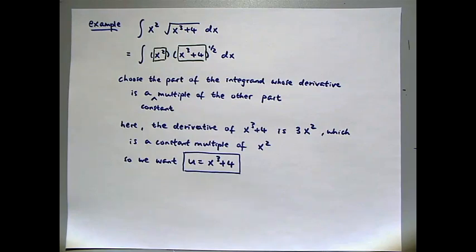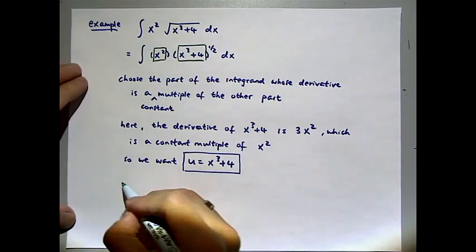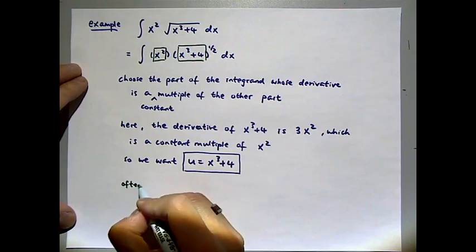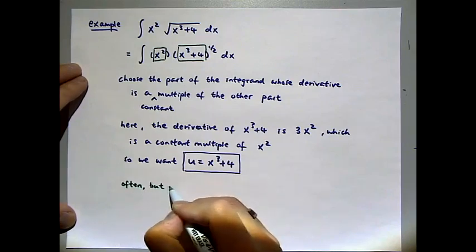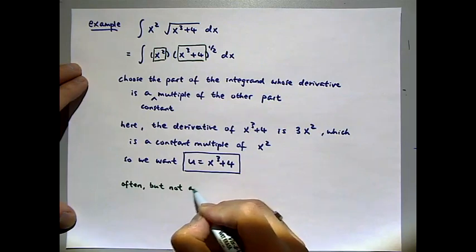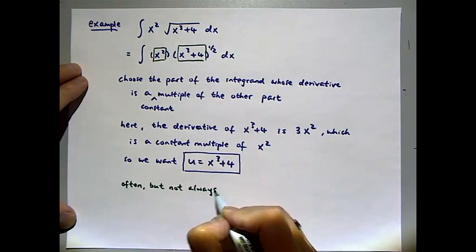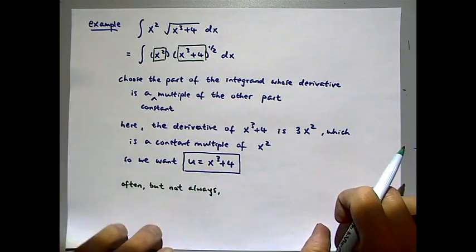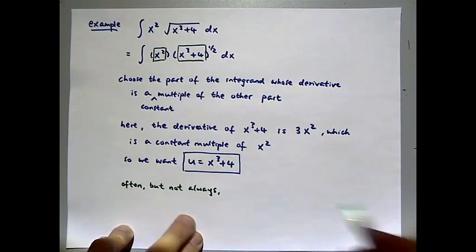Okay? And that's how you choose u in general. You have to analyze what's going on inside the stuff you're integrating. Try to find two parts that are related by one derivative. There's a rule of thumb that you can follow often, but not always.